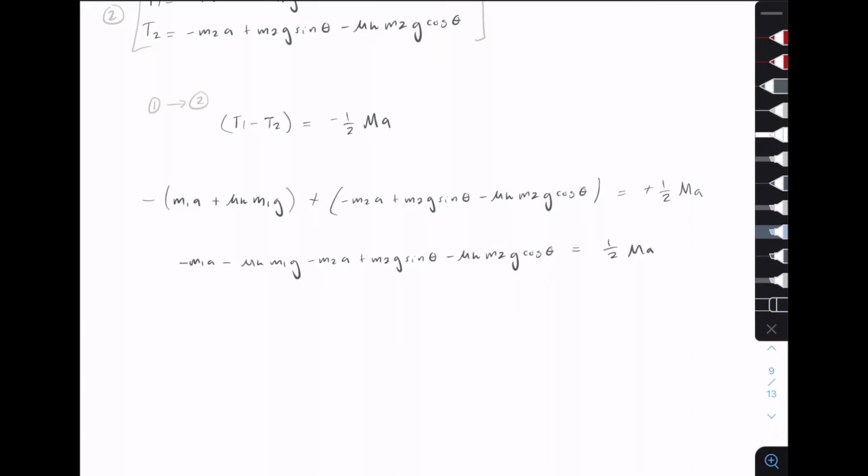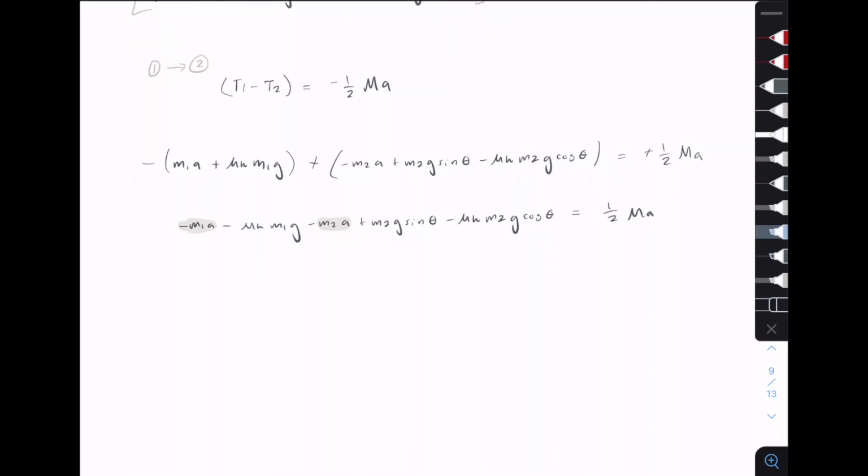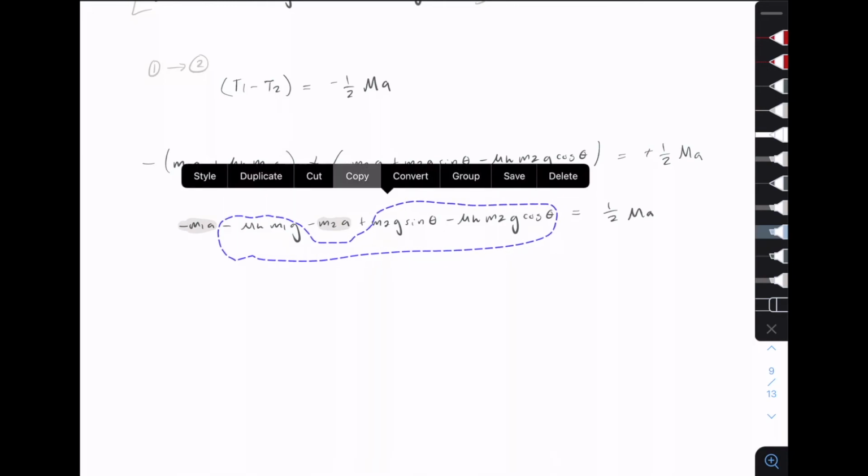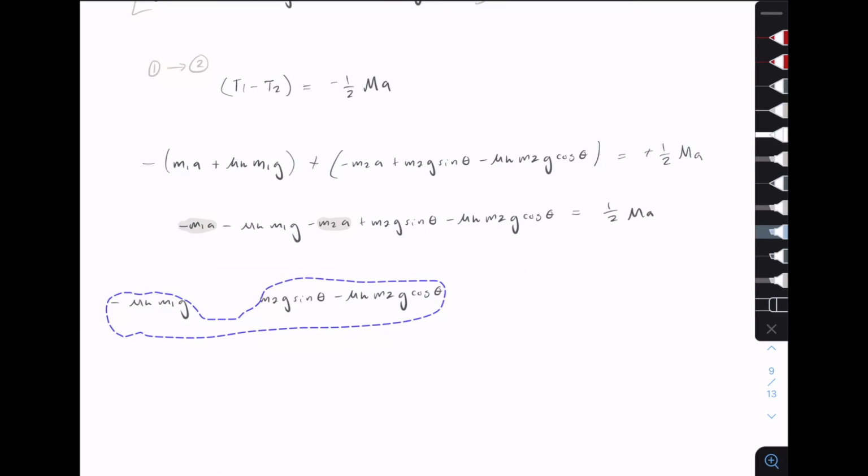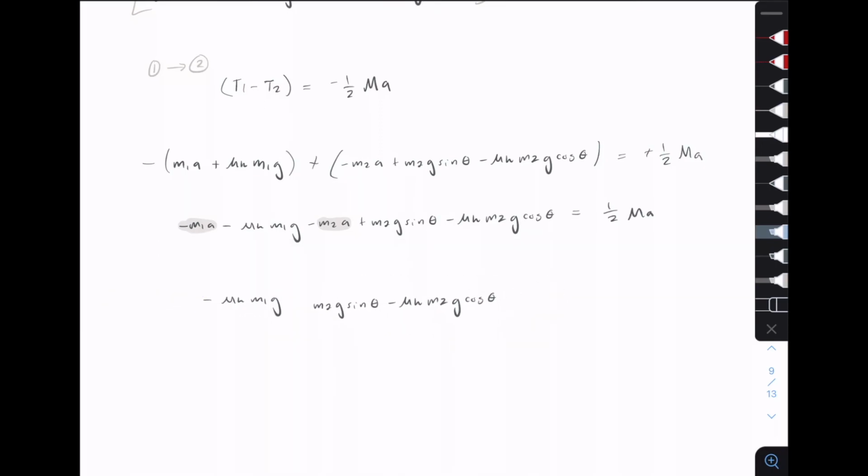What we need to do now is group all of our A terms so we can get everything together. We have an A term here, and an A term here, so let's move them to the right side and then rewrite everything else. All of these will still be there, and these were added.